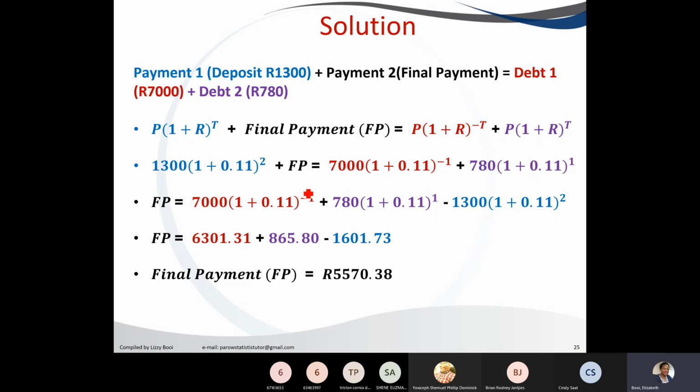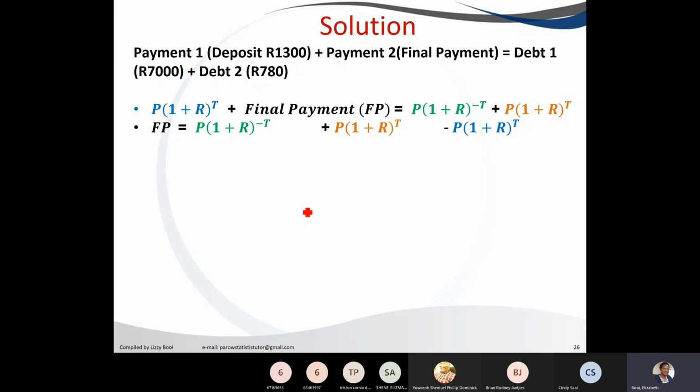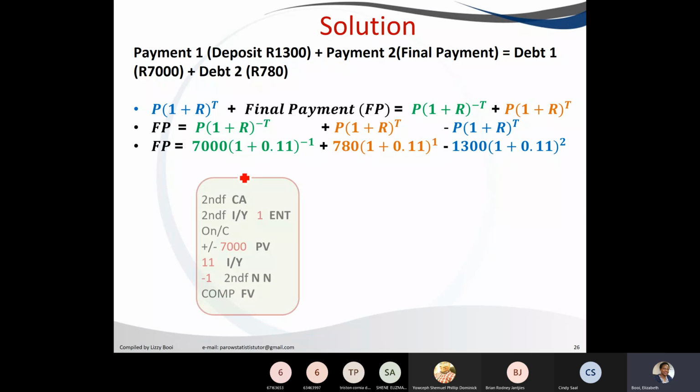If we're going to use the calculator, same thing. So you can write the formula down and then make FP the subject of the formula and start doing your calculations. So you will do the calculation for the 7,000 first. Money is moving backwards.